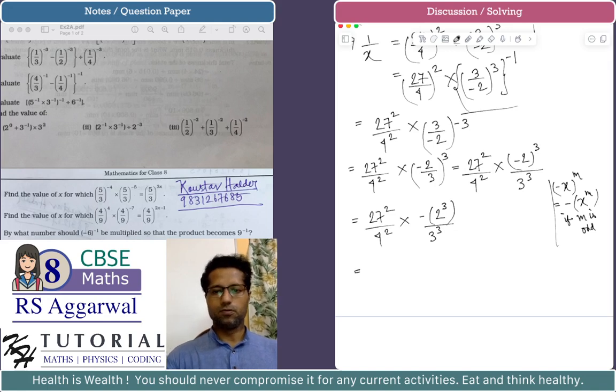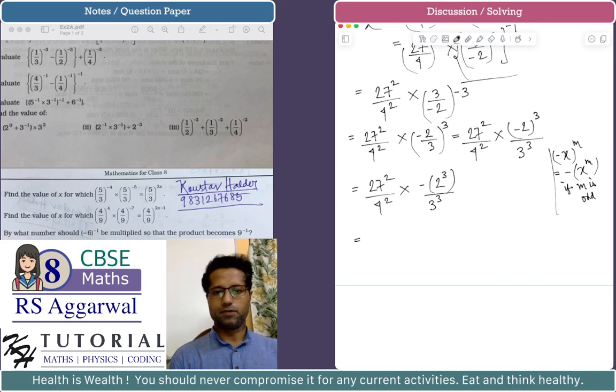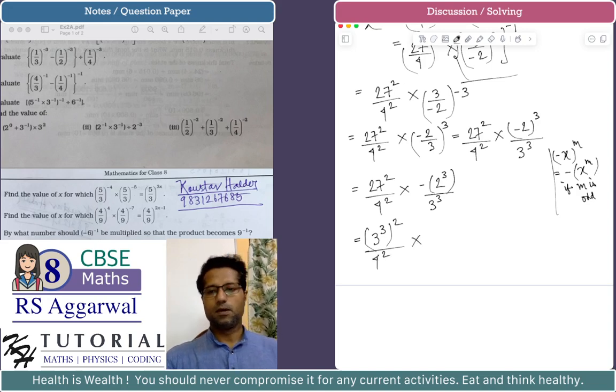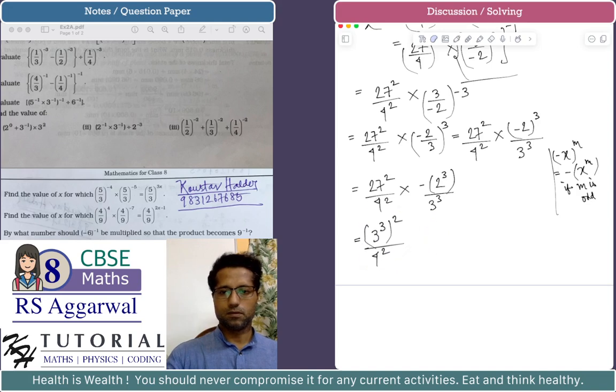Now the base 27 can be converted into exponential form with base 3. So 27 can be written as 3 cube, and we have raised to the power 2, over 4 square, multiplied by, now let's bring the minus to the front. The whole result will be a negative rational number because of this negative of 2 cube.